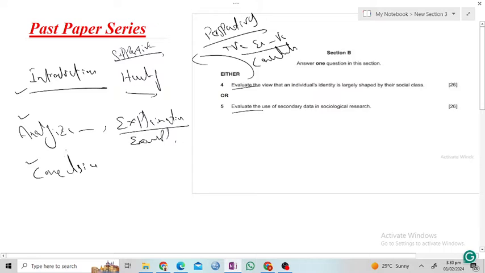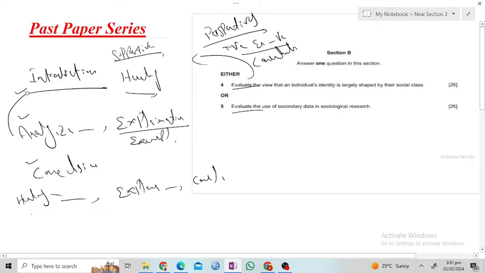Whatever example you give must be related to the heading, and your heading must be a support of the question. When you give a second heading, you need to follow the same structure: heading, then explanation with an example, and then conclude. And if you have a third one, you can give another heading.